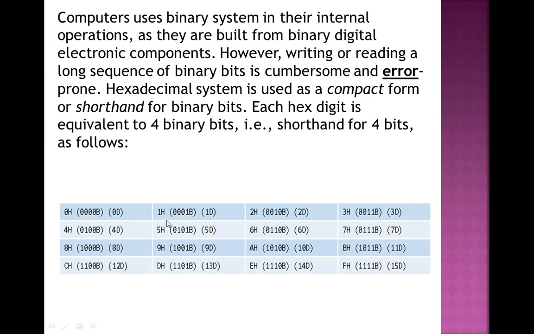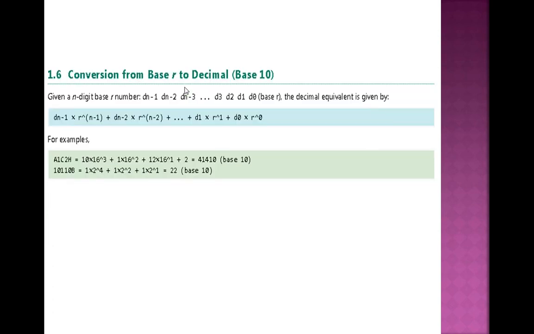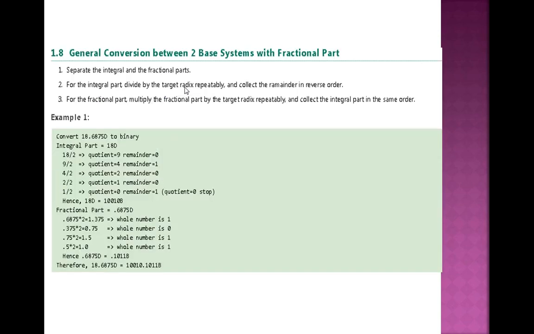These are the multiple representations of hexadecimal. Then we talked about how we convert from one number system to another: conversion from hexadecimal to binary, binary to hexadecimal, from any base R to decimal, and from decimal to any base, whether octal, decimal, or binary.